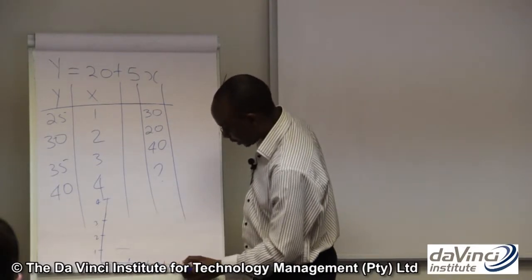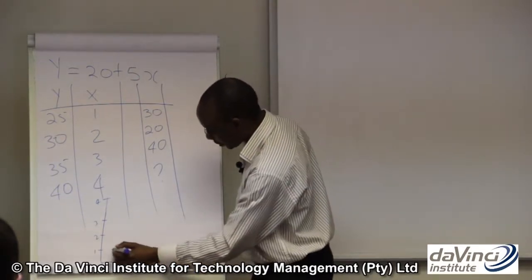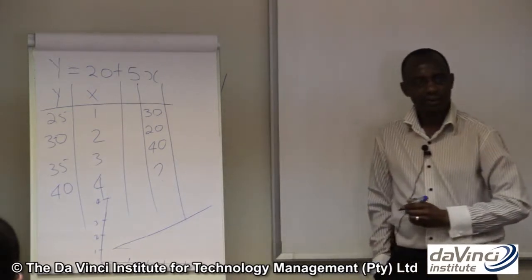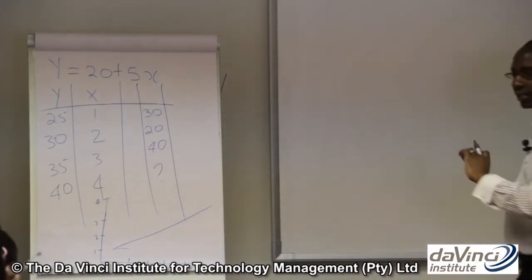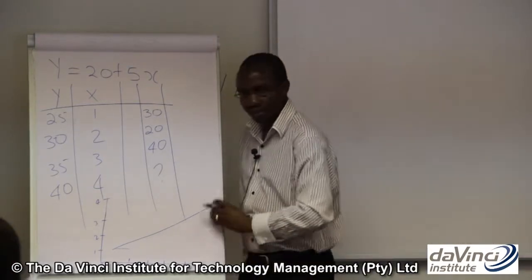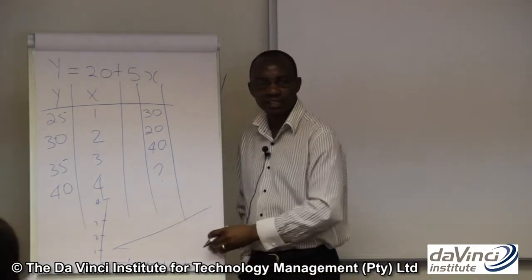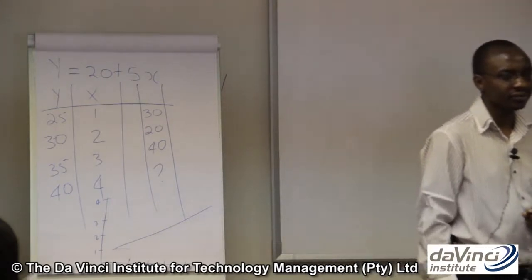So it's 10, 20, 30, 40. So what do we get? We're getting a trend line. It's showing that it is going up without the element of the fluctuations in the season. That has been removed.